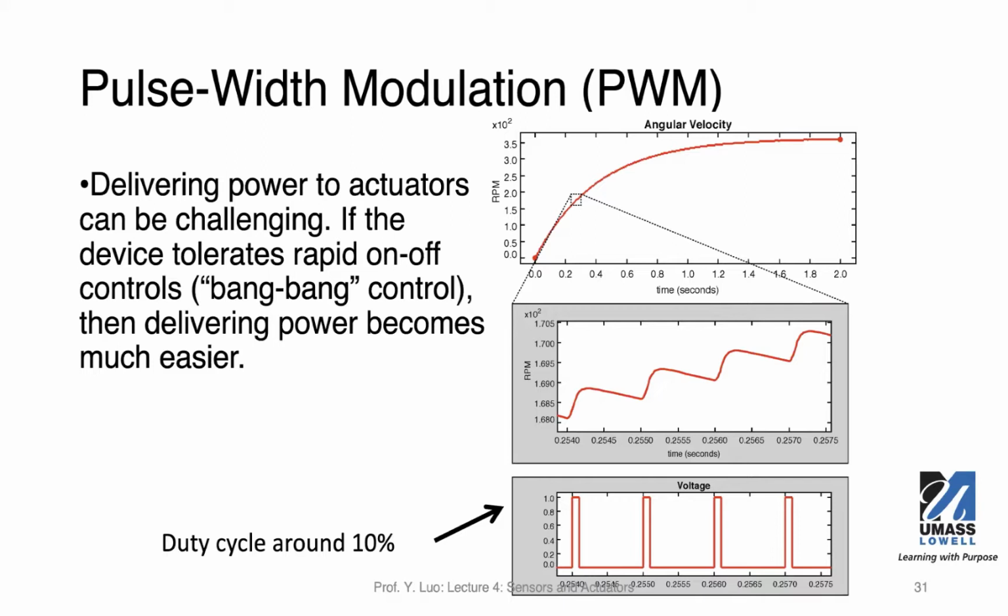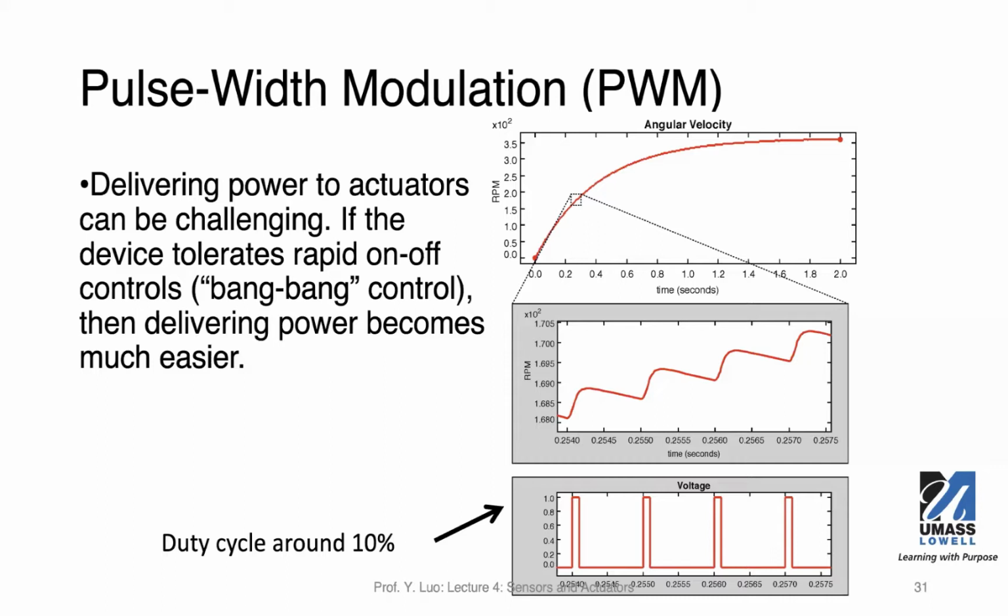Using the LED as an example, if you give it 5 volt, the LED will be the brightest. If you give it 0 volt, it'll be the dimmest or the darkest. It's off. But if you want to give it effectively 2.5 volt, somewhere in between, you have to turn the LED on and off rapidly.